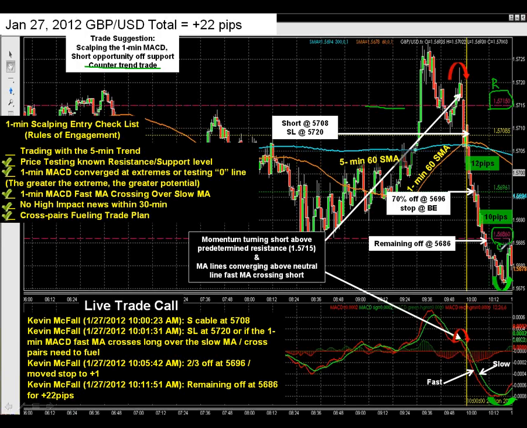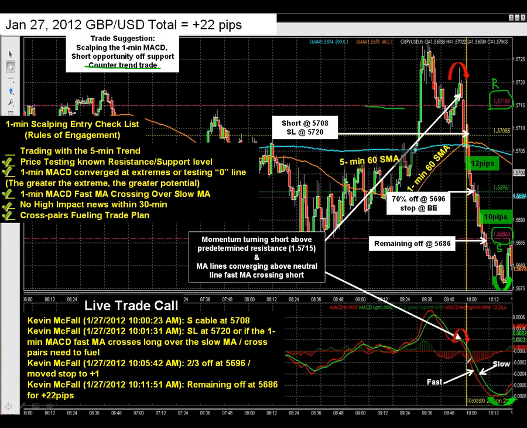Again, these levels are sent to my clients 24 hours in advance. So these are predetermined levels where there's a high probability that there's going to be resistance or support. That's the one indicator.